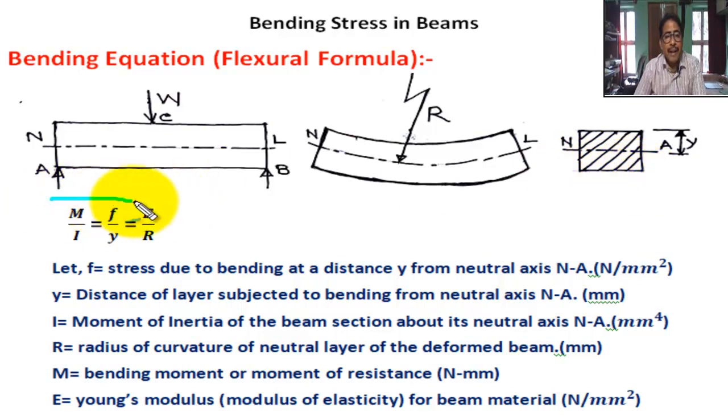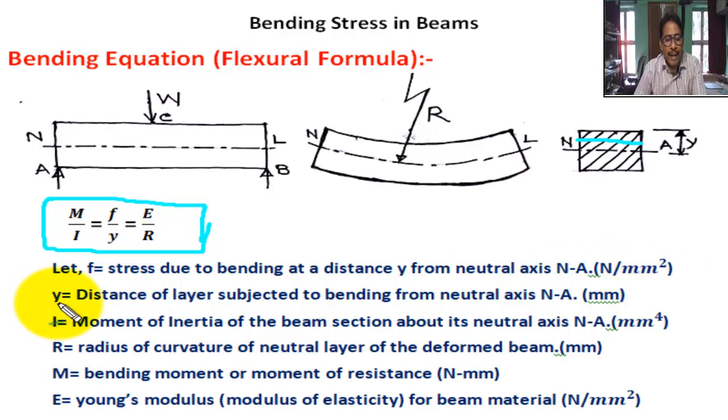This is the equation of pure bending. Here, F is equal to the stress due to bending at a distance y from the neutral axis NA, at any layer at a distance y from NA. The unit is Newton per millimeter square.